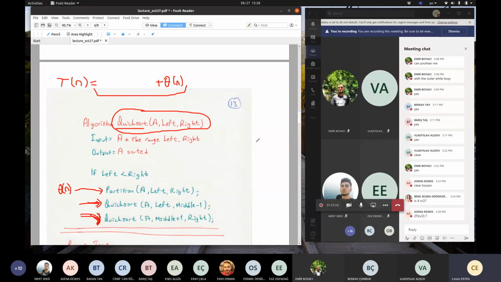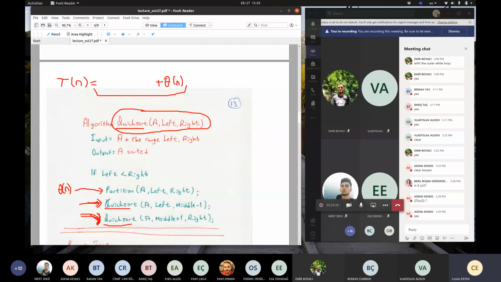So 2 times T of n divided by 2, Asena has suggested. I'm guessing T of n divided by 2 for the first recursive call, T of n divided by 2 for the second recursive call. Is that true? Okay, this is good. So at least you have seen that we need to describe the running time spent for these recursive calls using the T term, because T of n denotes the running time of quicksort on an input of size n.